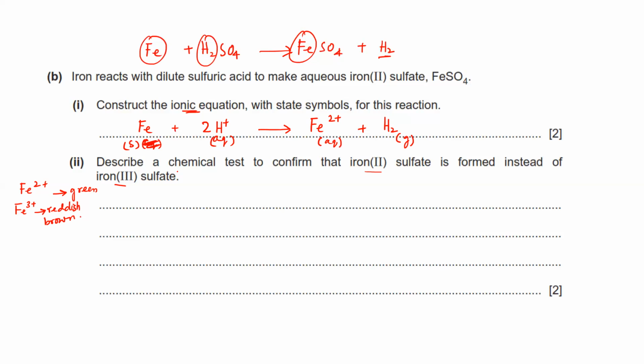So one is ferric and one is ferrous. So we have to write: add aqueous ammonium hydroxide. You can also use sodium hydroxide to a sample solution.